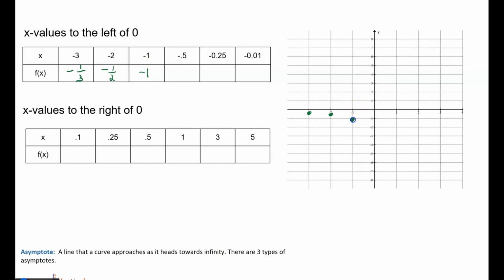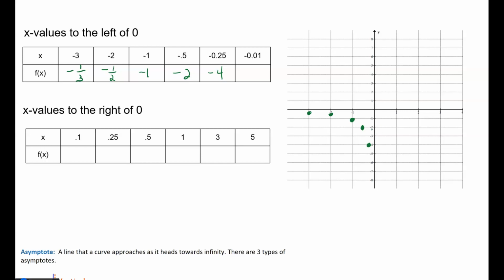Let me plot that there. If I let x be -0.5, that's going to give me -2. So I have -0.5, -2. And if x is -0.25, that's going to give me a y value of -4. Okay, so as you can see, we are getting closer and closer to x equals 0.